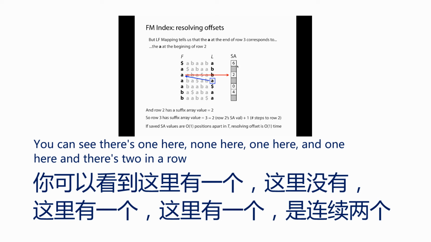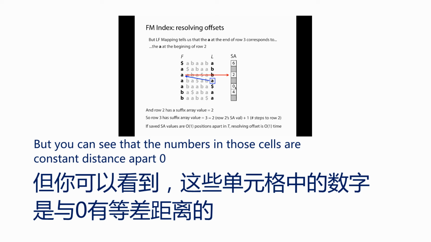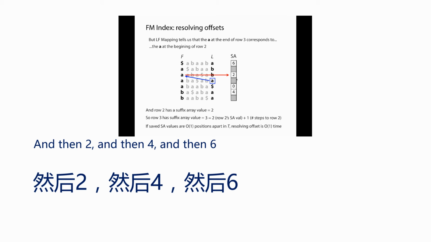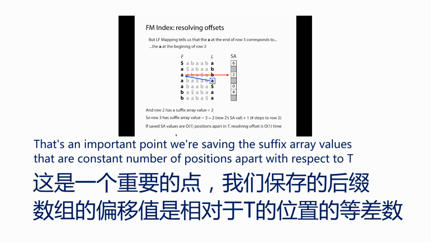You can see there's one here, none here, one here, none here, and then there's 2 in a row. But you can see that the numbers in those cells are a constant distance apart. 0 and then 2 and then 4 and then 6. That's an important point. We're saving the suffix array values that are a constant number of positions apart with respect to T.